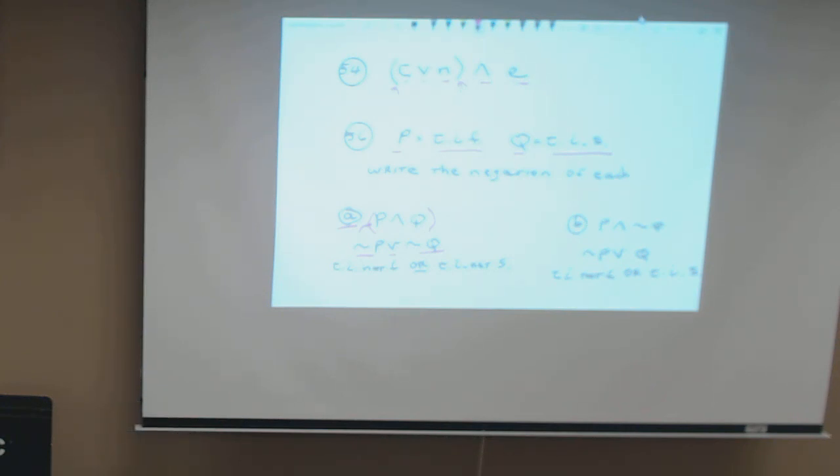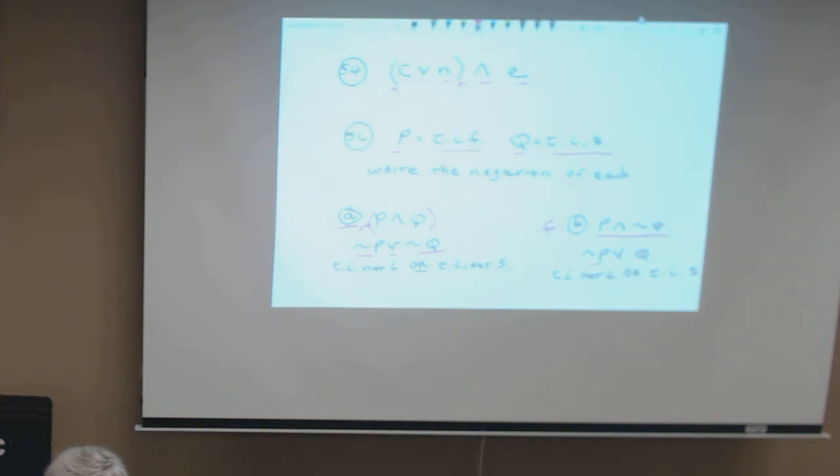B. Can you read what this says? Can you say that in words? Today is Friday and tomorrow is not Saturday. Is that true or false? False, because tomorrow is Saturday. And we said and. So that's a false statement. Now let's negate it. What's the negation of P and not Q?